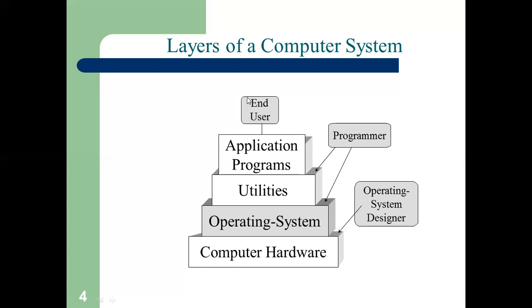So this is the common user. These end users are the common users who can choose these application programs. The end user has the direct interface with the various application programs. So we are here.